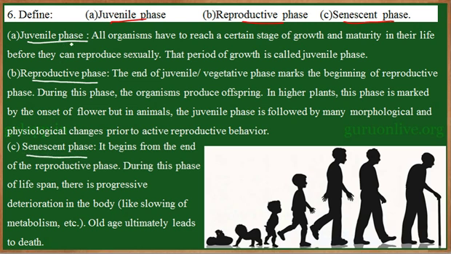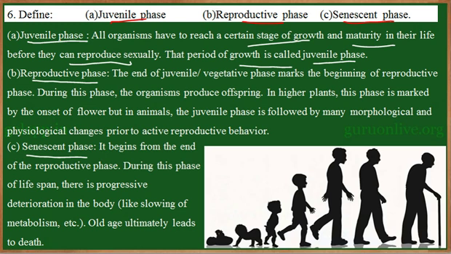Now in the juvenile phase, all organisms have to reach a certain stage of growth and maturity in their life before they can reproduce. Now this period of growth is called as juvenile phase. Now once a new individual is formed, the organs are not completely developed, so it is a growth period.